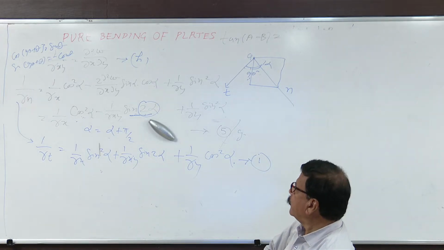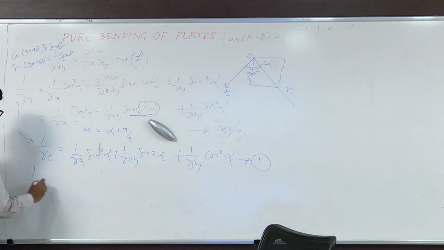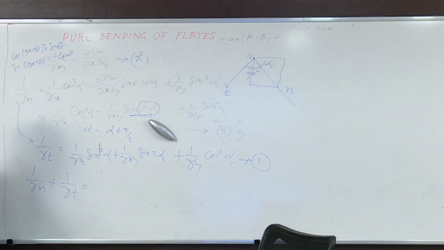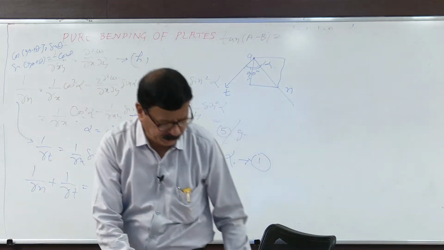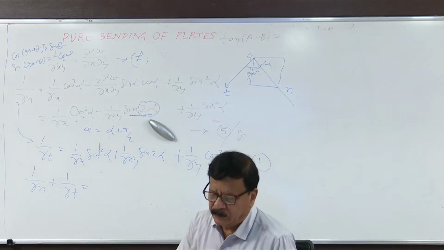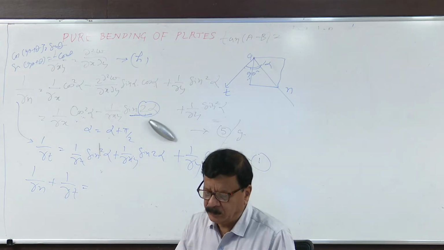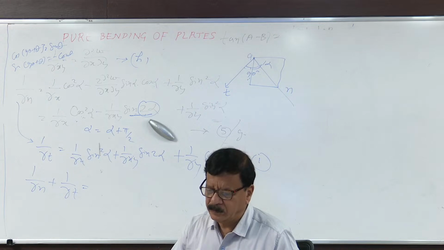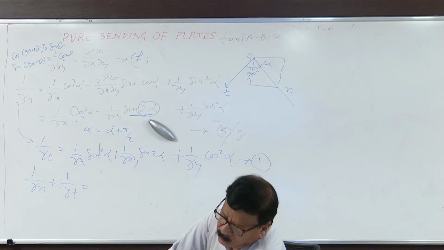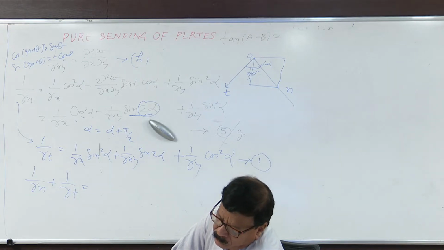LHS side क्या मिला? If you add these two, 1 upon Rn plus 1 upon Rt, this is the LHS side. What about the right hand side? One upon Rx, 2 times 1 upon Rx plus 1 upon Ry.